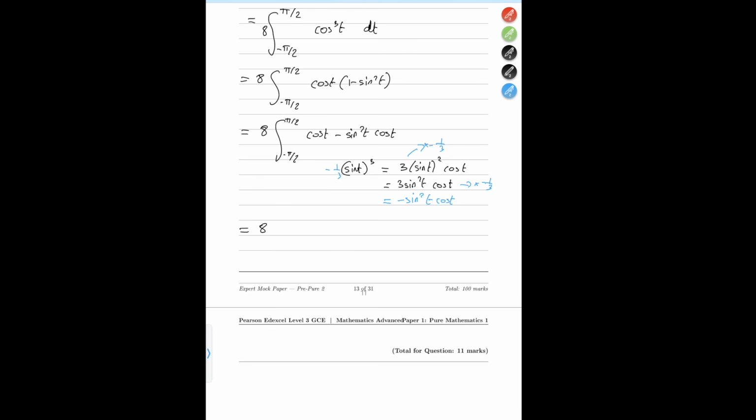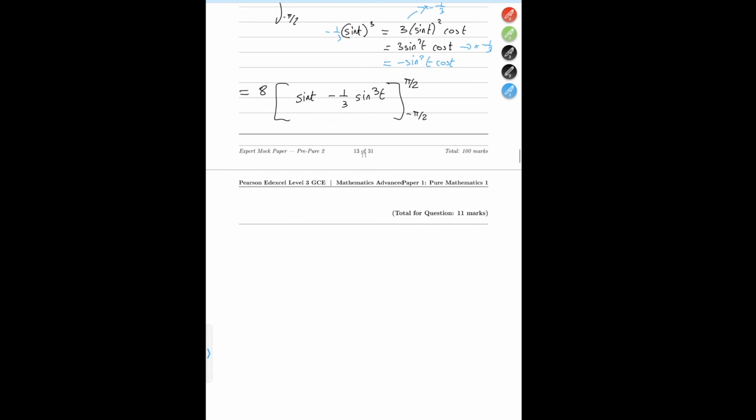Apologies. You're supposed to write it like this, because that is what our integral will be. Sorry, I used the wrong notation. So it'll be sine t minus a third sine cubed t, between minus pi over 2 and pi over 2.